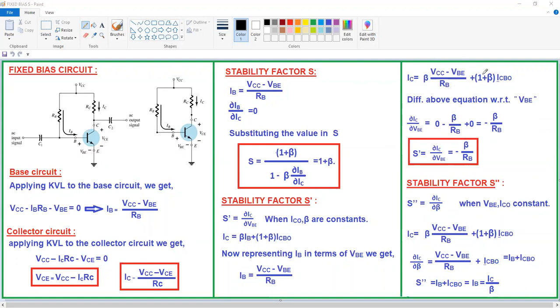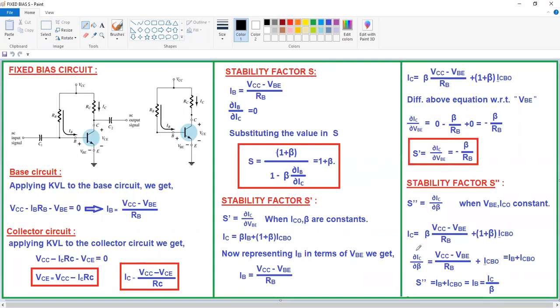Now plus 1 plus beta into ICBO: ICBO is constant when you determine this S dash, and beta is also constant, so the differentiation is 0. That means this total part becomes 0, because reverse saturation current and beta are constant when determining S dash. So S dash is given by minus beta by RB.